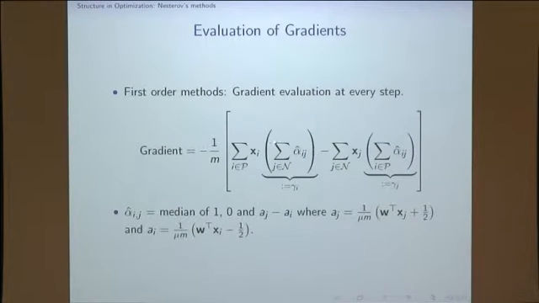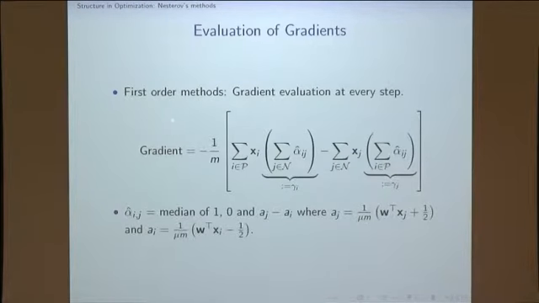And these alpha hat ij's are actually medians of 1, 0, and this complicated term, where a_j comes from the negative points and a_i comes from the positive points. And this basically comes up if you look at how to optimize SVM perf as well. So basically it is a standard gradient descent scheme that comes up in optimizing ROC score in general.